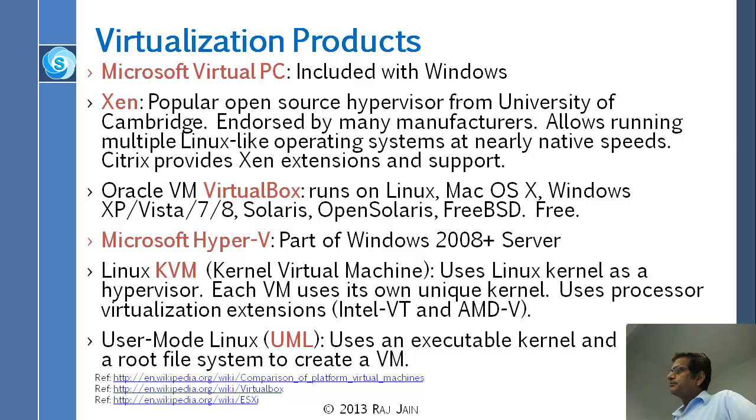Linux KVM also is free, and as you see from the name, it is basically the kernel virtual machine. It uses all these instructions, and then User Mode Linux is an executable kernel and a root file system used to create a virtual machine.